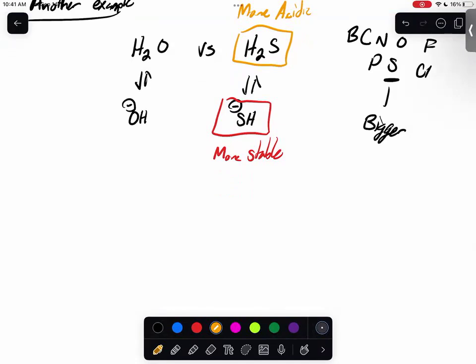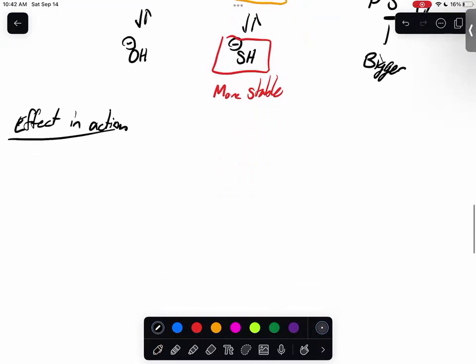So let's take a look at this effect in action. Because remember, we're starting to change the way that we think about these reactions. It's not just about strong acids and strong bases. Now we have to identify what's actually going to be doing the chemistry. So let's say we had a situation such as this one, where we have on a molecule both an OH and an SH, and it's reacting with some base with a negative charge.